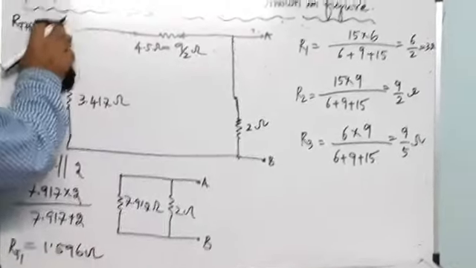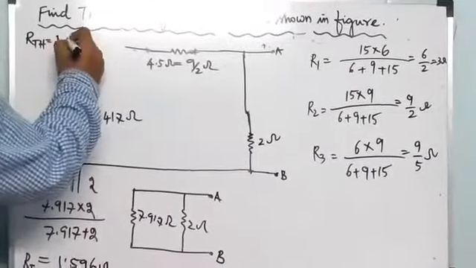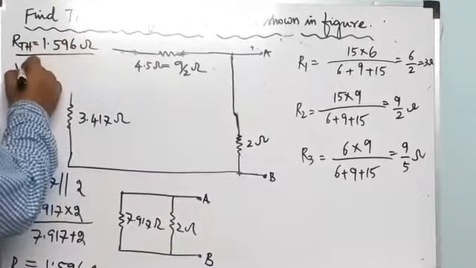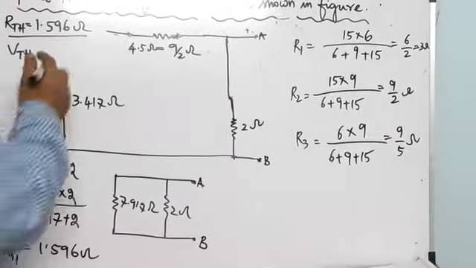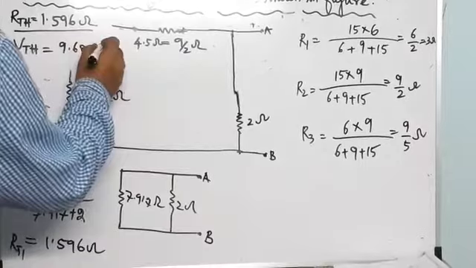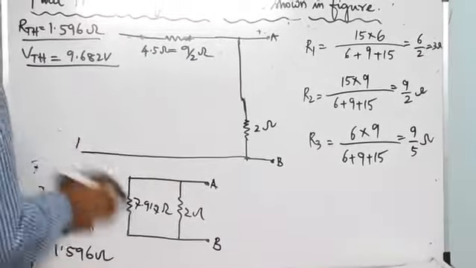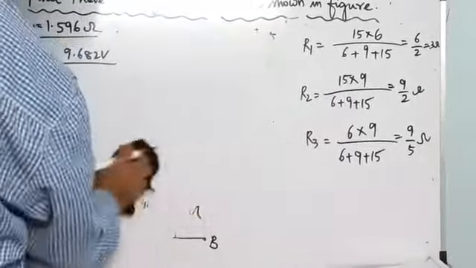So RTH value is 1.596 ohm. What is the VTH value from earlier? VTH is 9.682. We are not asked to find any current, so we only write the equivalent circuit.